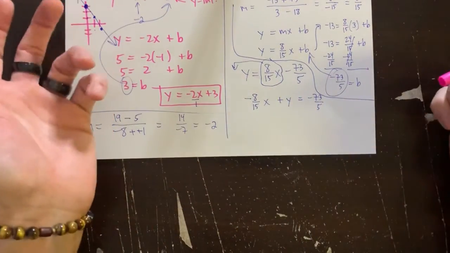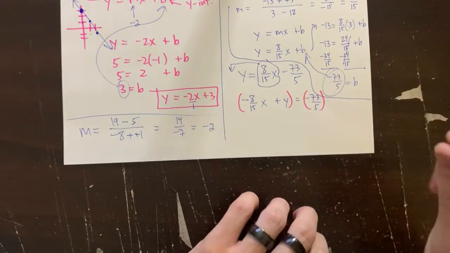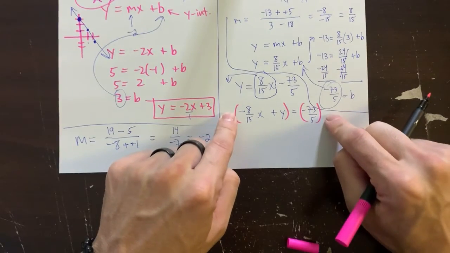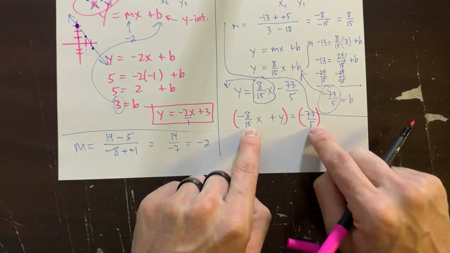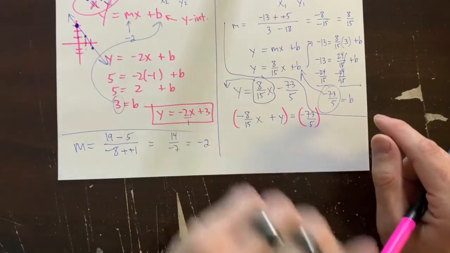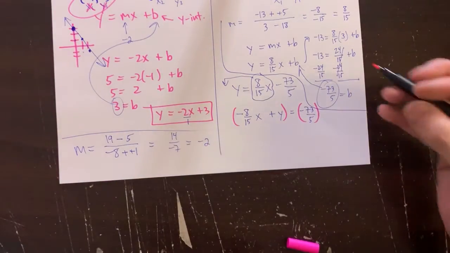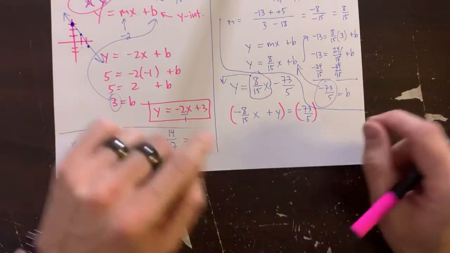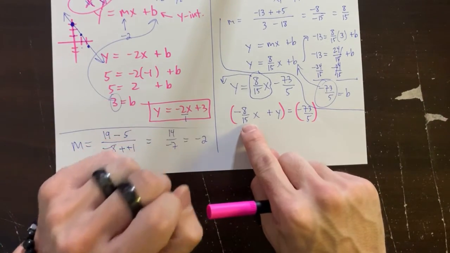So let's make a decision here. I'm going to multiply both sides by a very special number. What number do you think we should use that would knock out these denominators? Somebody might say multiply by 5. I could multiply both sides by 5. And if I multiply this side by 5, it would knock out the 5 in the bottom. But if I multiply this side by 5, the 15 would not be knocked out.